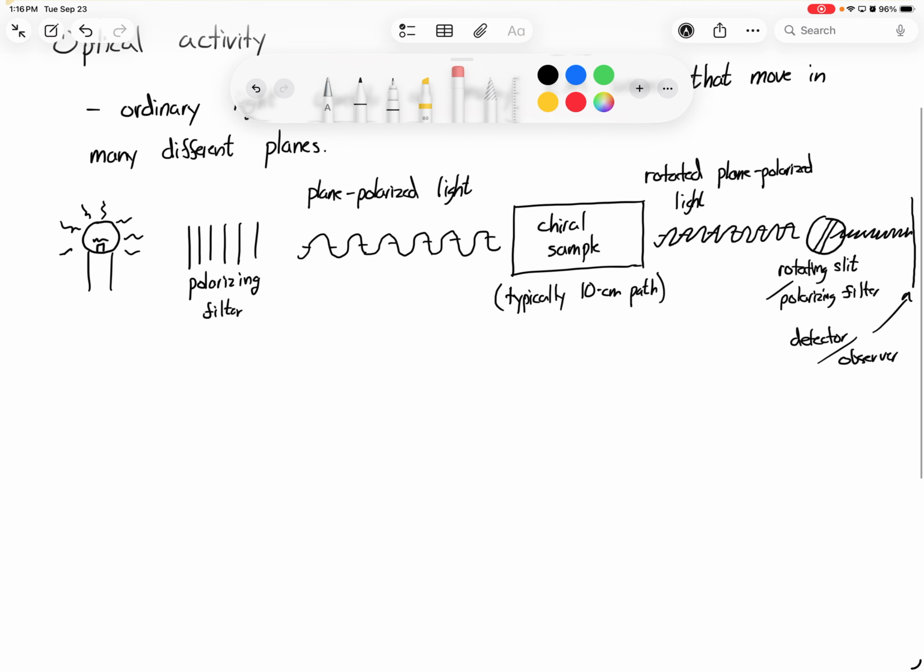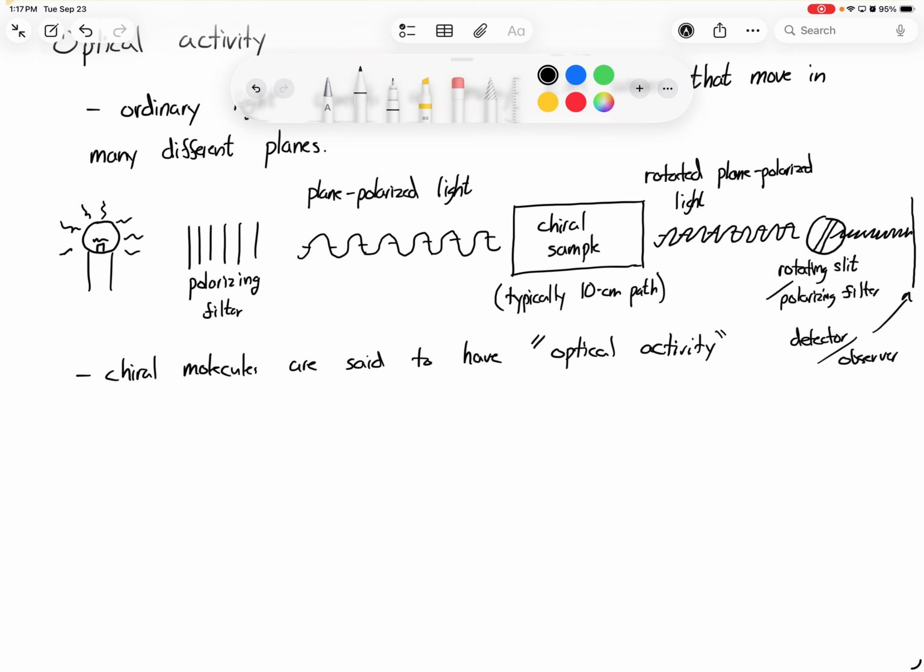Okay. So the thing about chiral molecules is that they are said to have optical activity. That means you can record this angle of rotation here.